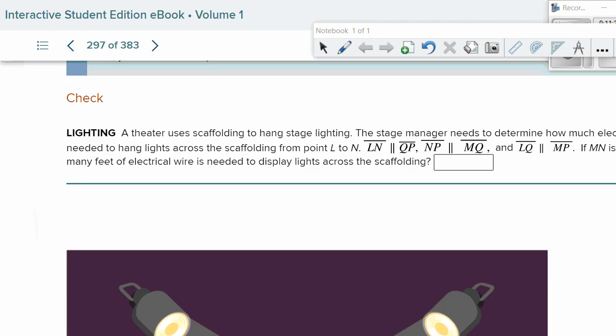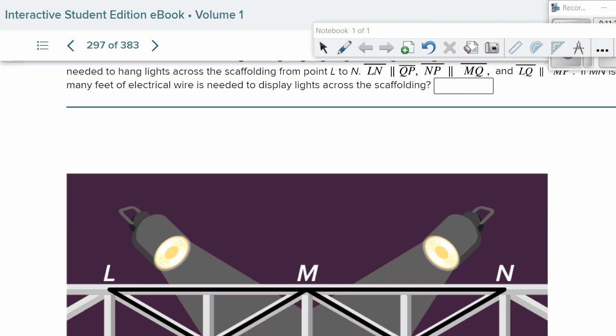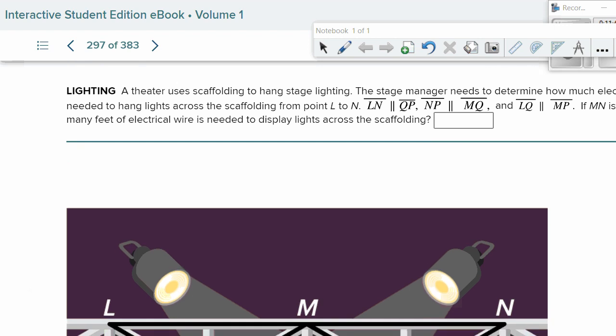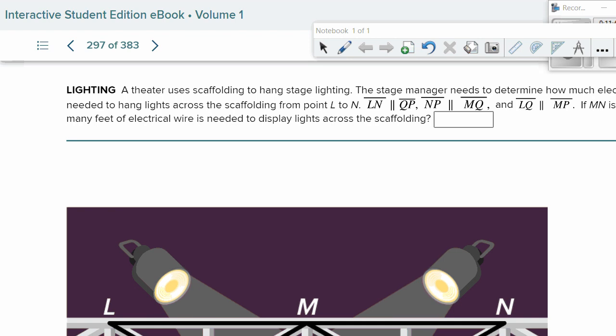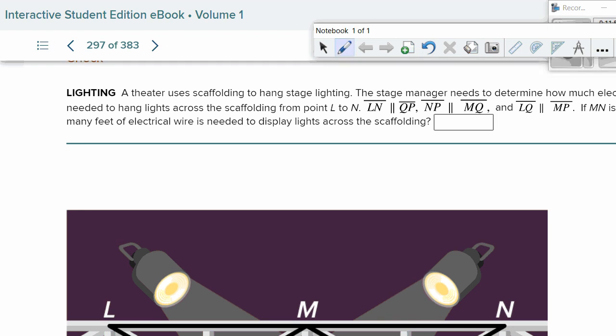Okay, this particular one, kind of same thing here. I'm not going to do this one because I don't like the picture very much. It's kind of hard to see. But you got lots of parallel lines, so right off the bat, I'm going to think transversals. I also got a measurement here. MN is 4. So this segment up here is 4. And they want to know how much wire I'm going to be able to put there.